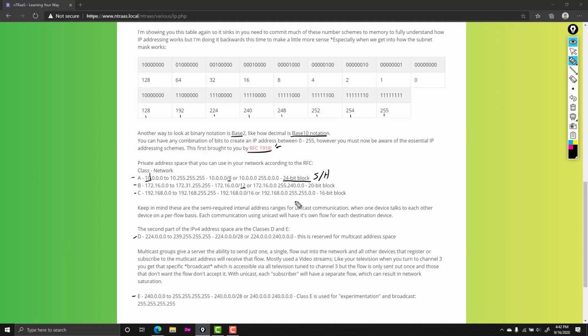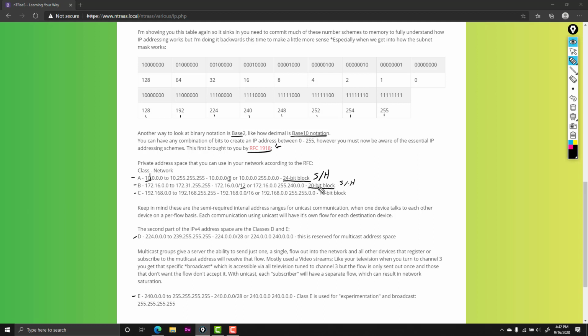Now, when we start looking back up here at our table, you're going to notice we have a /12, or 240. So you're going to notice here we have 4 bits in use to get to 16, which kind of works for us because 16 through 31 gives us a potential of 16 possibilities. This is what we call a 20-bit block, which allows us to create subnets and hosts based on those 20 bits.